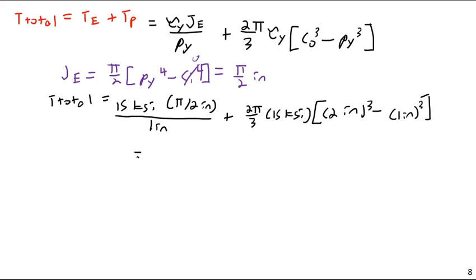And if you enter that into a calculator, you will get 243.5 kip inches for the total torque of this elastic plastic condition.